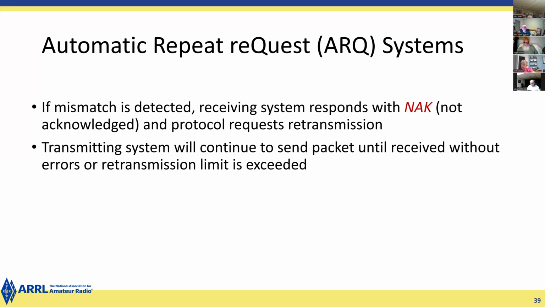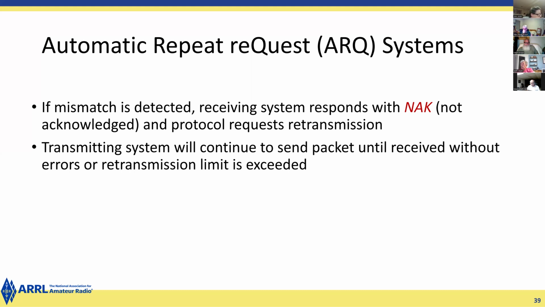So station B sends an ACK back to station A, and station A will retransmit the same packet until it receives an ACK or until the number of retries times out. Most systems only have a limited number of retries because otherwise you'd be hogging a radio channel. And so this mechanism is pretty automatic in ARQ systems.